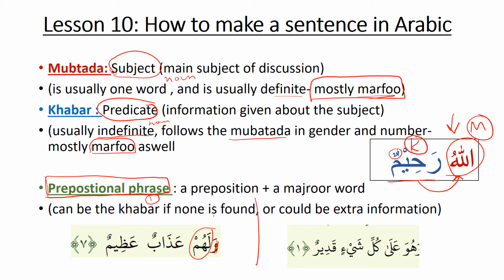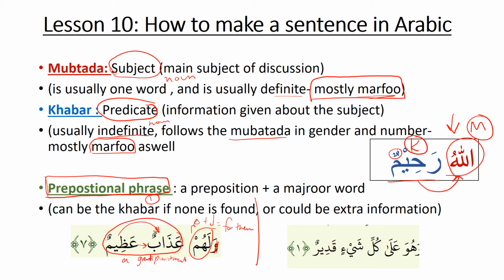It's la plus hum. Lahum means for them. And then we have the word after it, adabun, a punishment, and azimun is an adjective for adabun, so it's not a separate word, it's connected to this one. Adabun azimun is a great punishment. This whole thing is together.